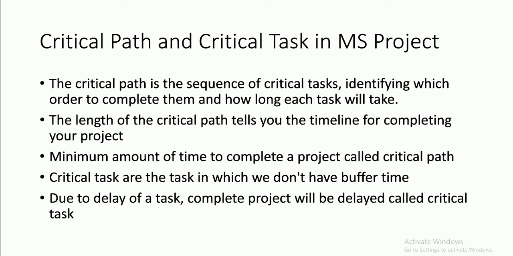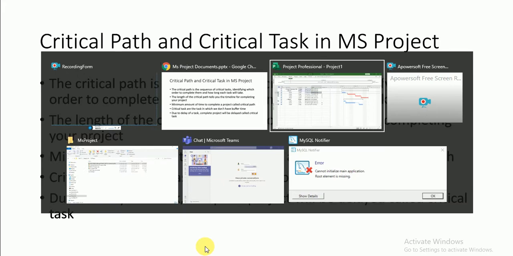And if, due to the delay of a task, the complete project is delayed, that is called a critical task. Means if a task is delayed and due to that your project finish date is hampered, that task is called a critical task. So let's do it in a practical approach.